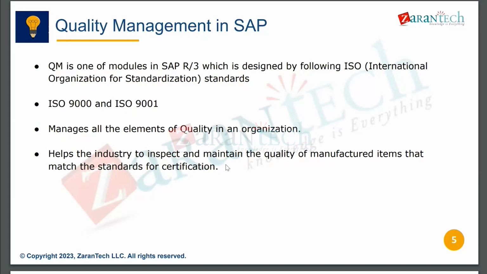Some organizations, especially chemical and pharmaceutical companies which deal with drugs and pharmaceutical chemicals, need to fulfill these ISO standards. Unless these standards are maintained, they cannot be sold to other countries.